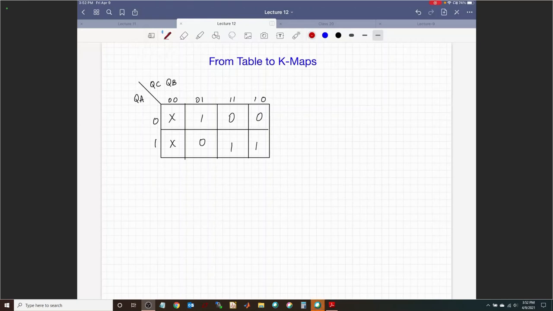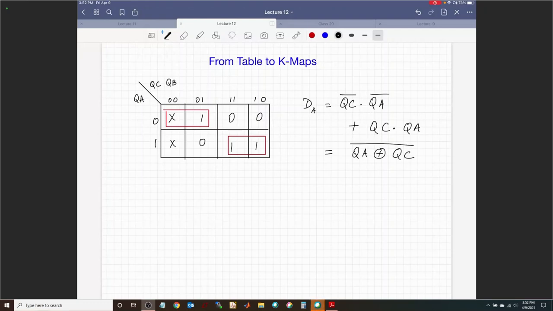So it looks like it's going to be this and this. So DA equals what? I have QC complement and QA complement, or QC and QA, which is QA exclusive NOR QC. You guys agree with that?